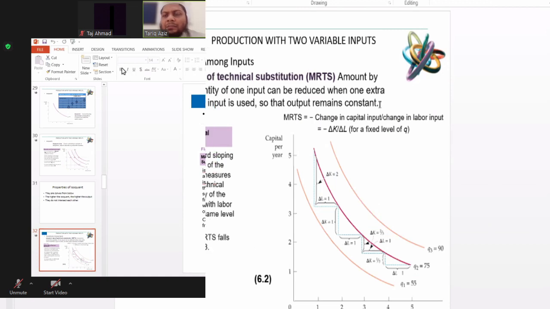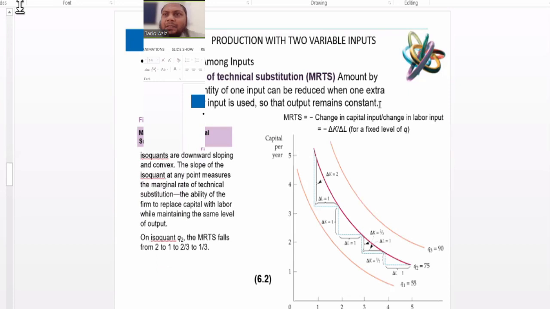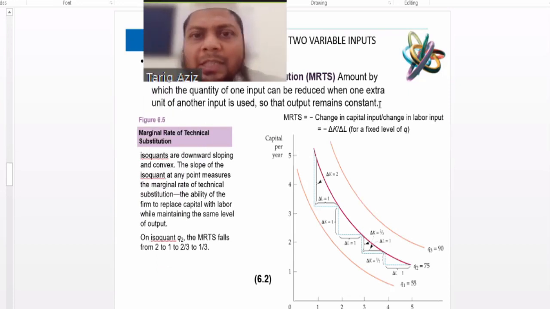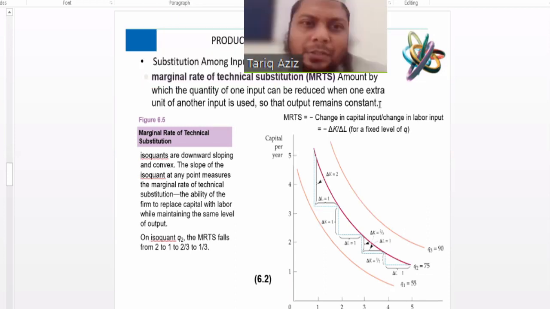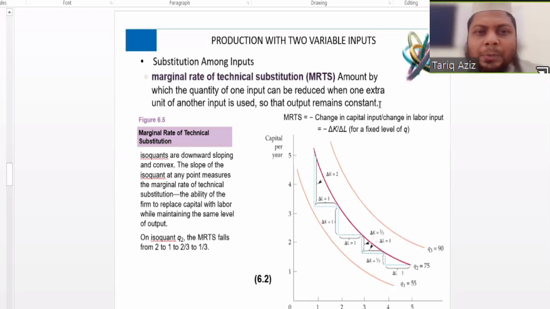In other words, if one labor cannot be 100% replaced by a machine, or similarly one machine cannot be 100% replaced by one labor, the output will be slightly different in different combinations. So that is why they are downward sloping. Isoquants are downward sloping and convex. The slope of the isoquant at any point measures the marginal rate of technical substitution.